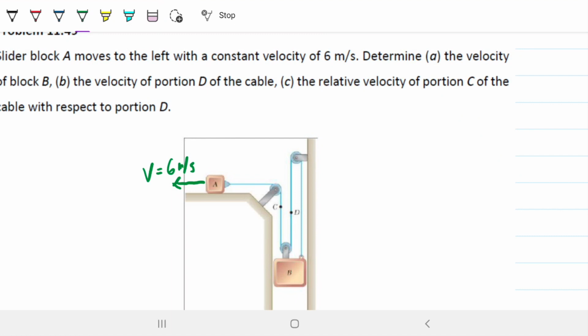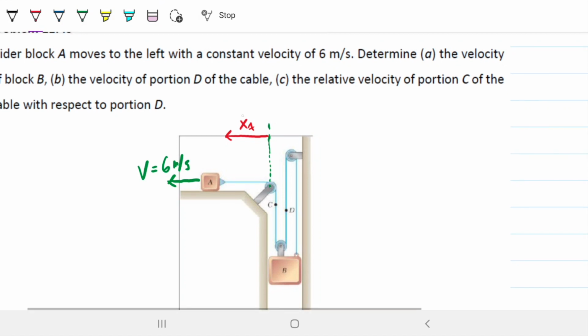Okay, so with that in mind, we can go ahead and place our systems to have an idea of what we're going to do. I can place an axis here, and X is going to be this distance from this system that I just created to the block A. That's my vector XA.